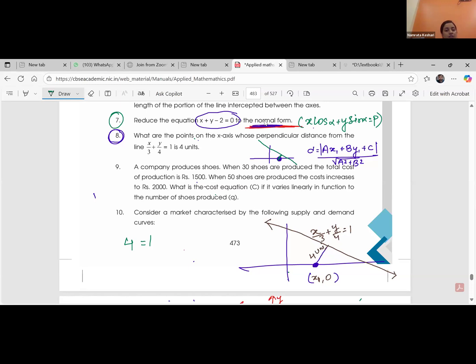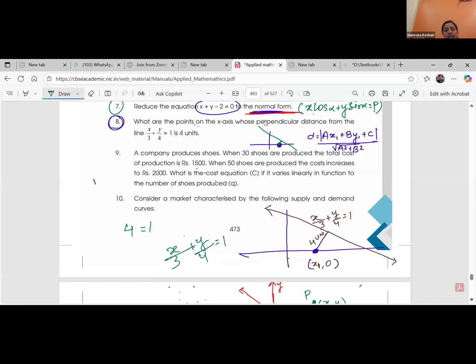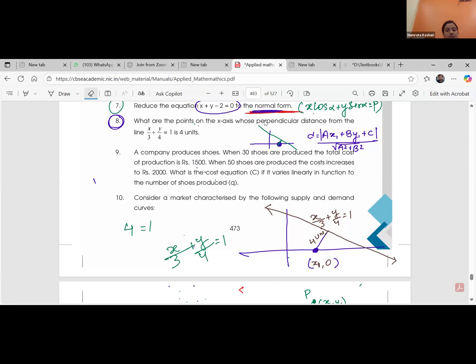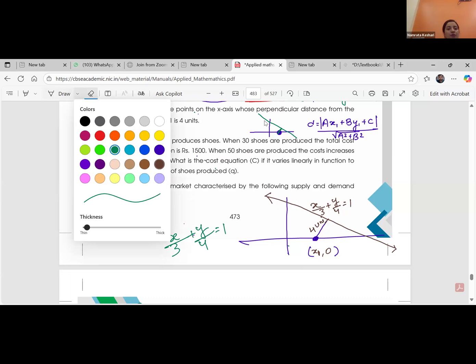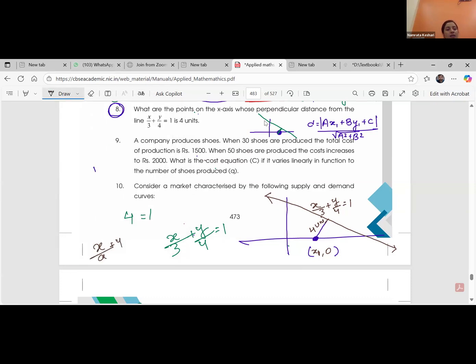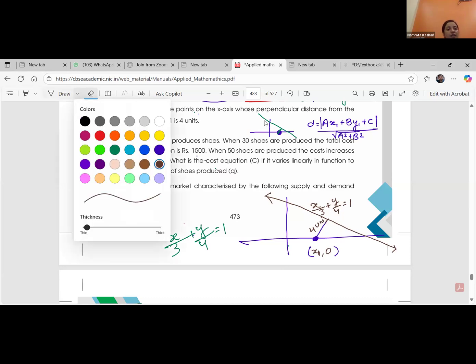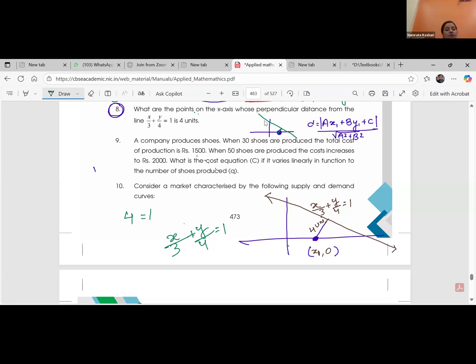From this equation, x/3 + y/4 = 1, let's simplify it a bit. The equation is given in intercept form. Last class we were talking about the intercept form, where the equation looks like x/a + y/b = 1. But since we want the general form ax + by + c, we can simplify it. It's not a big deal. We will take the LCM, which is 12. 3 into 4 is 12, so 4x; 4 into 3 is 12, so 3y, equals 12.